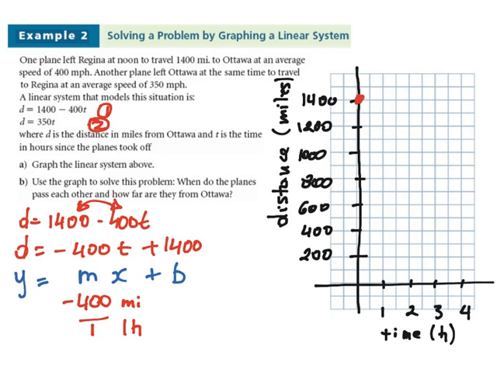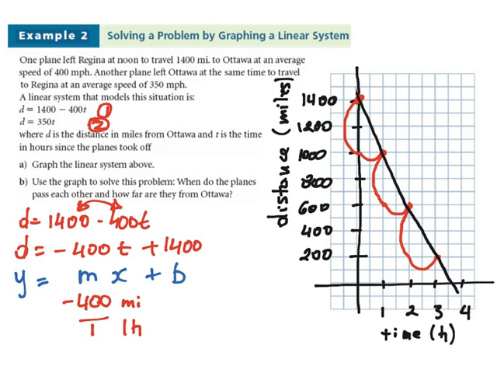So this means we'll travel 400 down for every 1 hour traveled. Again, we'll travel 400 miles down for every hour. And when we connect the points, we'll get a line like this.